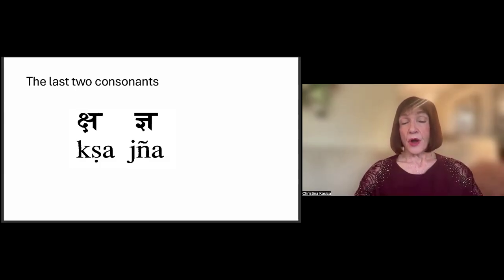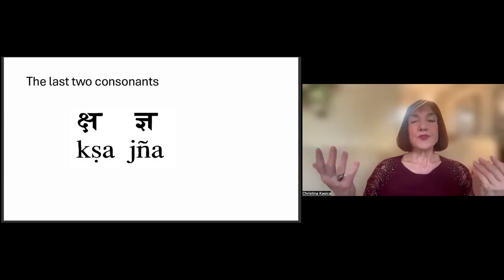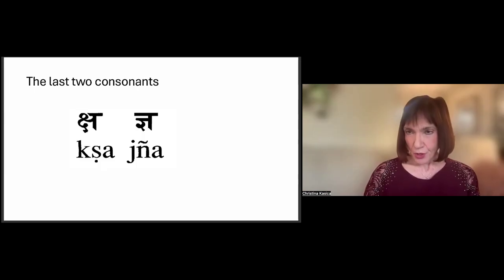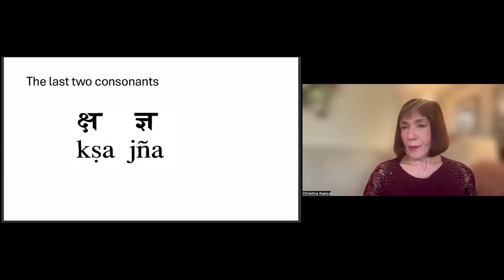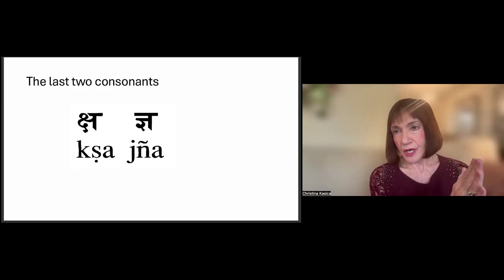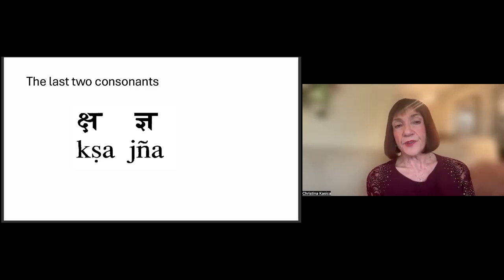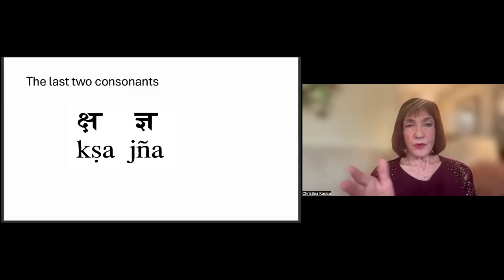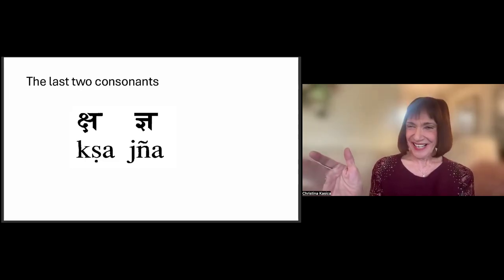So we say ksha. It doesn't really look like anything. We could not guess that the way we guessed the sa and the ta in the previous word, hasta. You can't guess this. You have to learn it because it really doesn't look like anything.